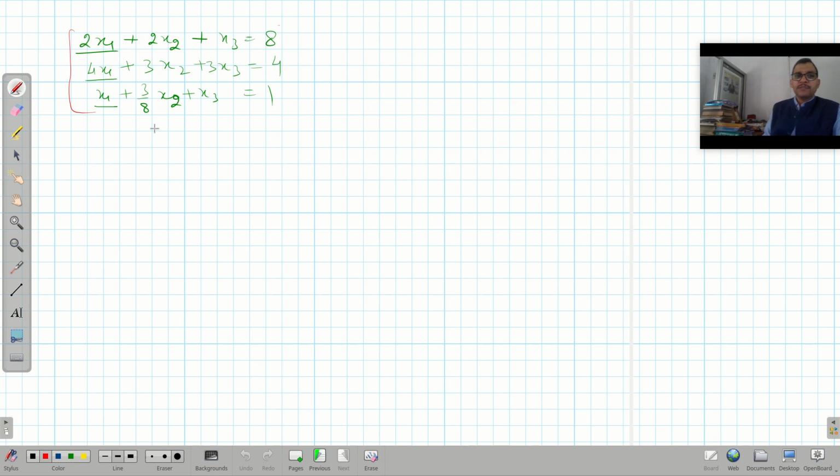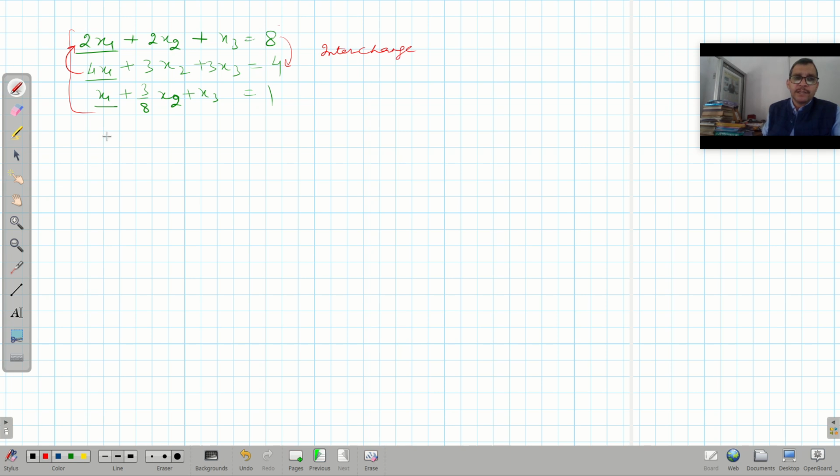So basically for pivoting, what do we do? The element which is the largest one must be put here. So for that we will basically interchange these two. So when we interchange these two, the first step is the interchange of rows.